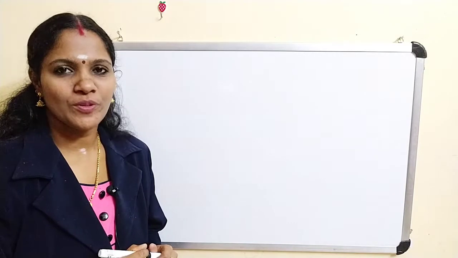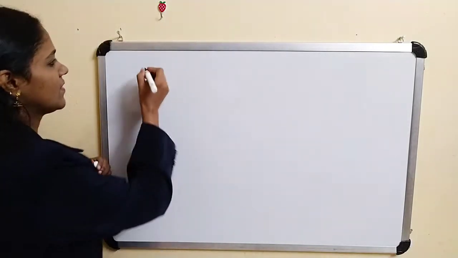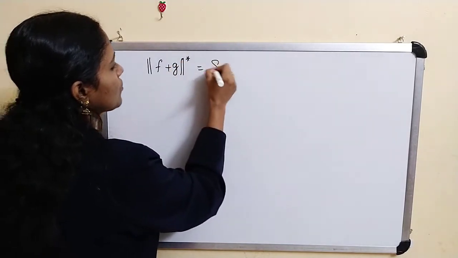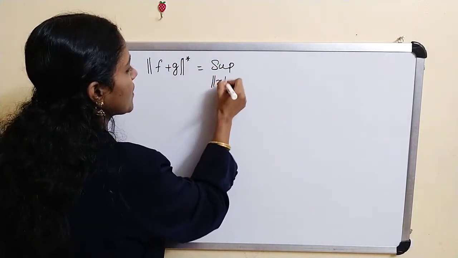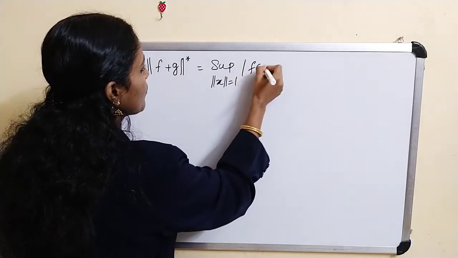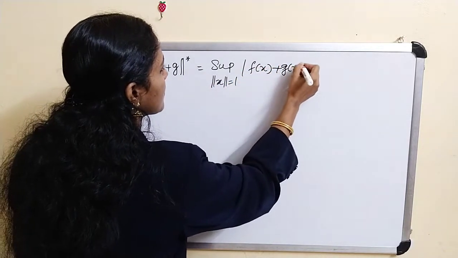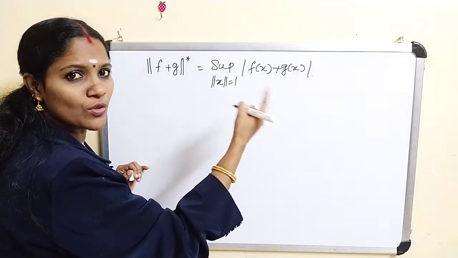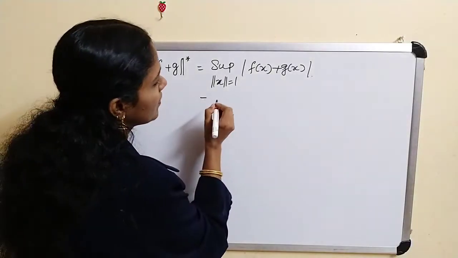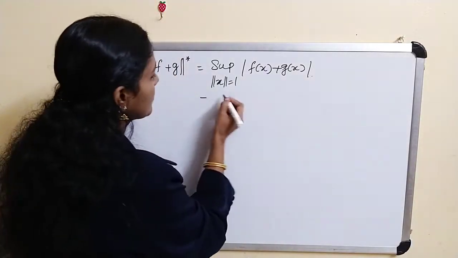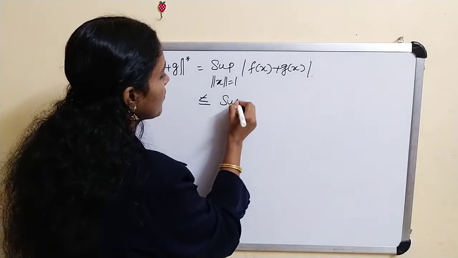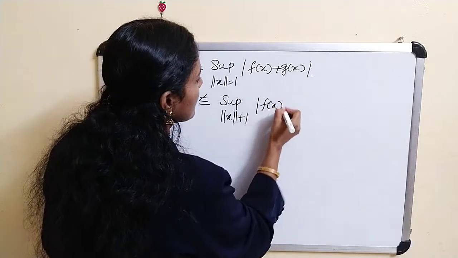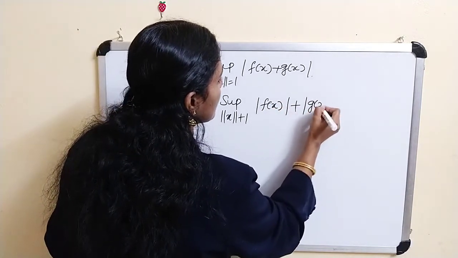Now we have to prove the triangle inequality. Norm of f plus g star is equal to the supremum over norm of x equal to 1 of modulus of f of x plus g of x. But we know that the supremum of a plus b is less than or equal to the supremum of a plus the supremum of b. So this is less than or equal to the supremum over norm of x equal to 1 of modulus of f of x plus modulus of g of x.